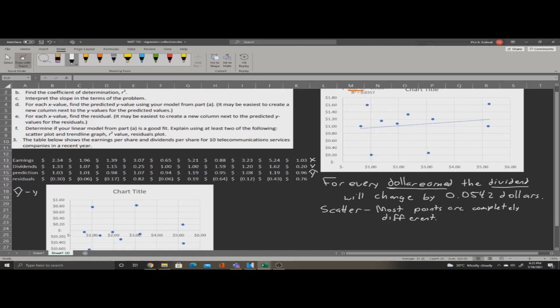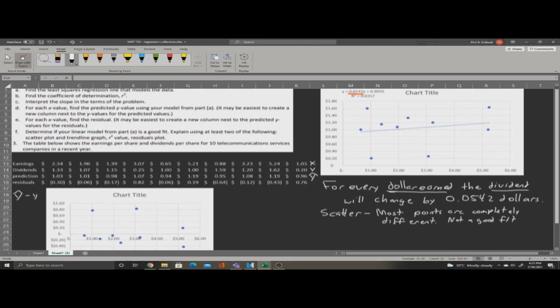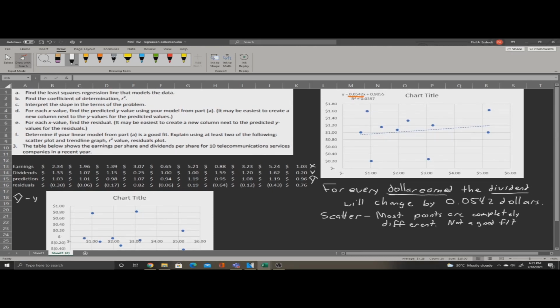This means that this trend line is likely not a good fit. It also means that most of the predictions we made are probably not that reliable. If we look to our r² value, we actually see a number that's very close to 0, at 0.0357. That indicates a poor fit as well.